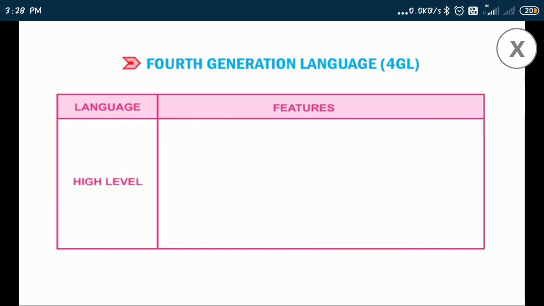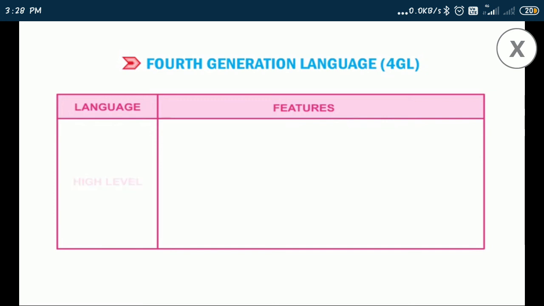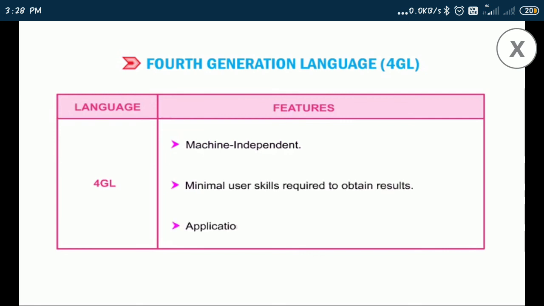High level uses English words and mathematical operators. Machine independent, has to be converted into machine language by translator programs, interpreters and compilers. 4GL: machine independent, minimal user skills required to obtain results. Application development tool.